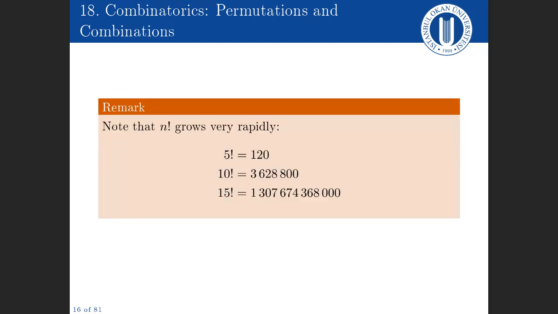Now, note that n factorial grows very rapidly. 5 factorial is 120. That's not too big, but 10 factorial is more than 3 million, and 15 factorial is more than a British billion or an American trillion.